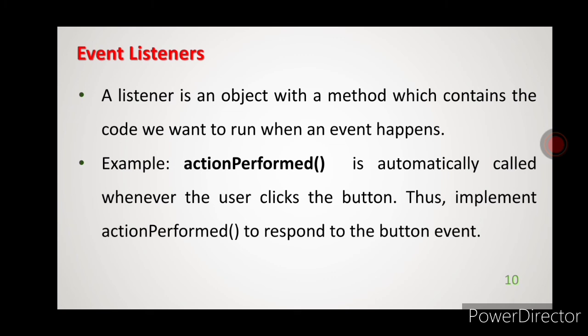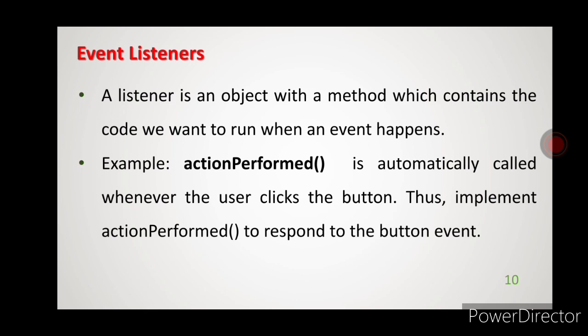Here we are using one word, implementing. What exactly does implementing mean? We are using interfaces, and with interfaces we use the keyword implements. In Java, events and sources are maintained as classes. If you want to inherit the properties of a class, we use the extends keyword.